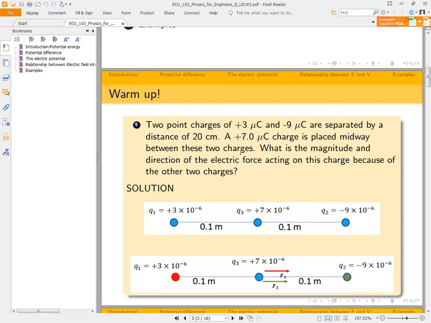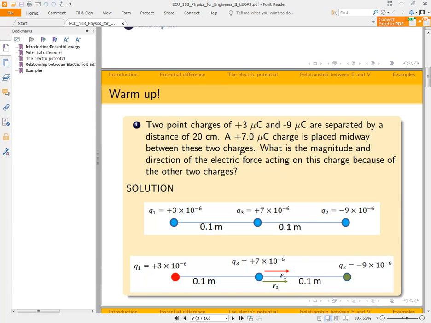Then the third charge is brought in the middle, so in your sketch you call that one Q3 and put it at the center. That divides the total distance into two halves, 10 centimeters each, or 0.1 meters. So that is the sketch according to what the question has said.